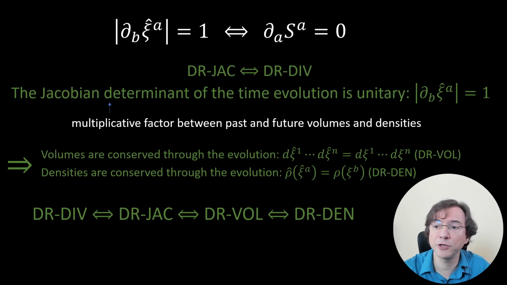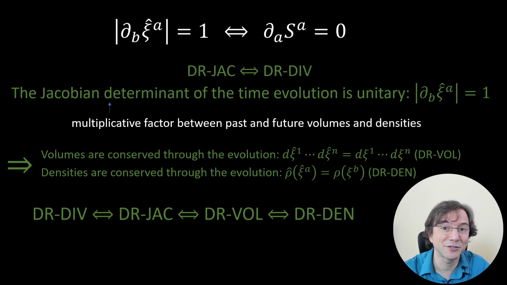Now, if you recall the geometric meaning of the Jacobian determinant, it's a multiplicative factor between past and future volumes. If the Jacobian determinant is greater than 1, volumes are going to grow, and if it's less than 1, they're going to shrink. So saying that we have a unitary Jacobian is exactly saying that volumes are conserved through the evolution, or that densities are conserved, because densities are quantities divided by the volume.